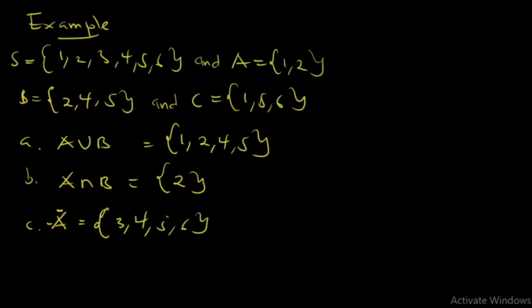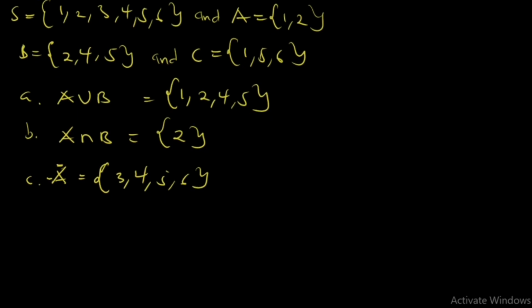Let's move on to D. For D, we are supposed to find B complement. In that case, our B complement will be 1, 3, and 6.